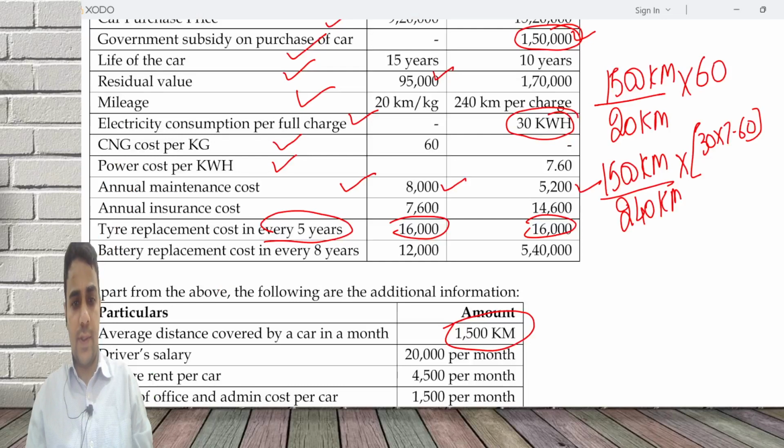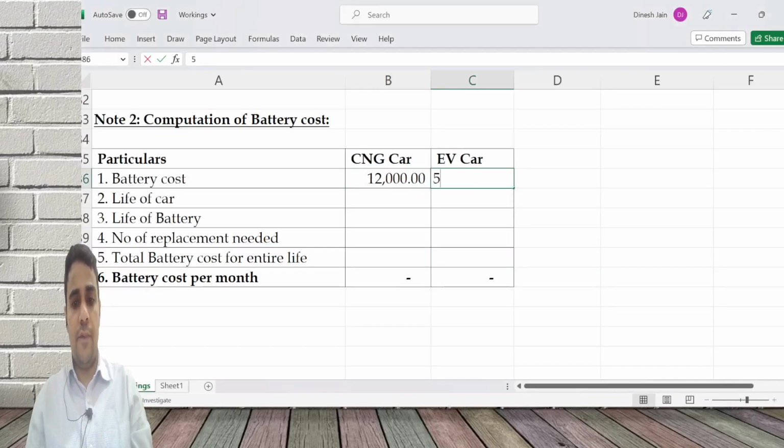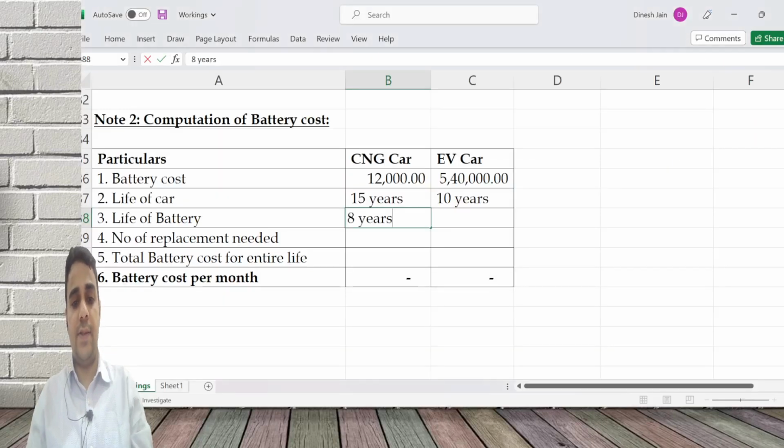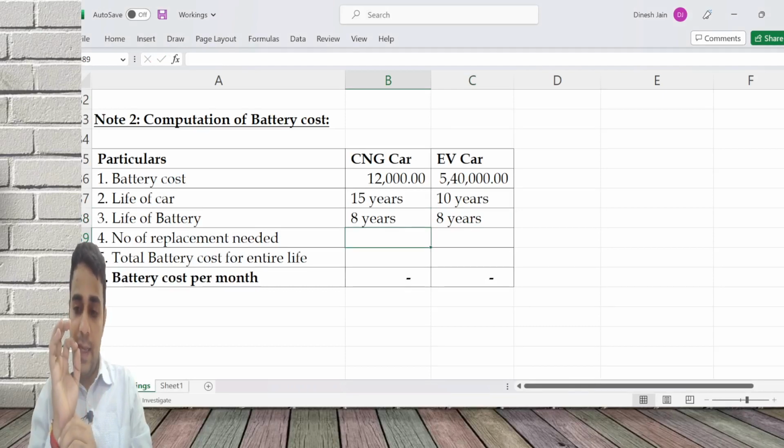Overall battery cost is 12,000 and 5 lakh 40,000. Life of car, 15 years, 10 years. Battery has a life of 8 years. So in the CNG car, we will replace at the end of the 8th year.